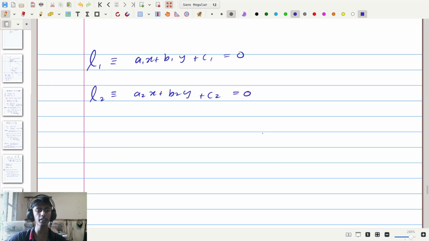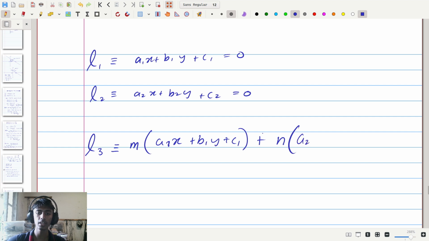It is simply to take that L3 is correspondent to m times a1x plus b1y plus c1, plus n times a2x plus b2y plus c2, all equal to 0.